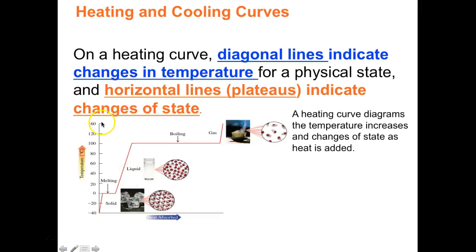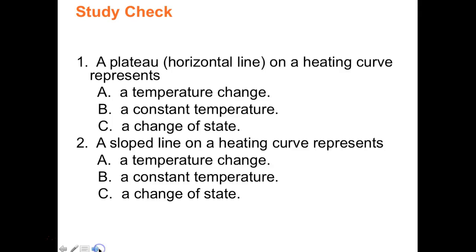Now, if it were a cooling curve, it would start out here. So you'll have a vertical line, come to 100, and then a horizontal line, then another vertical line till you get to 0, and then a horizontal line, and then another vertical line. So it's the exact opposite. If you flip this over, that's what you get as the cooling curve.